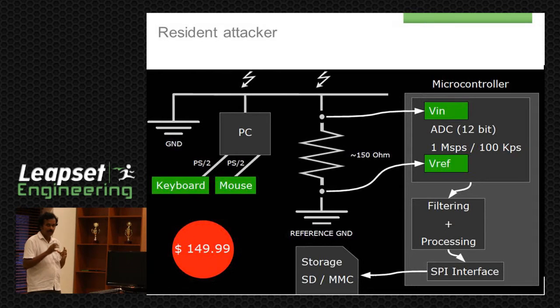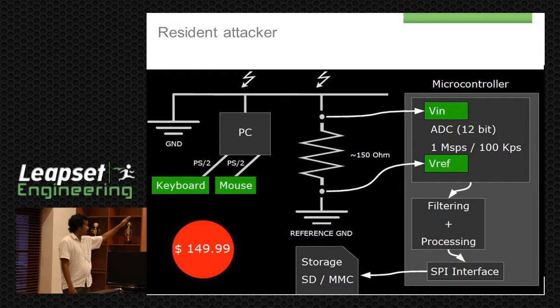Someone can develop a device that they can plug into any wall socket and do this process continuously. Right? There's an analog to digital converter. It acquires the signal from the earth wire, filters and processes it, extracts the individual keys, and writes them to an SD card or something.